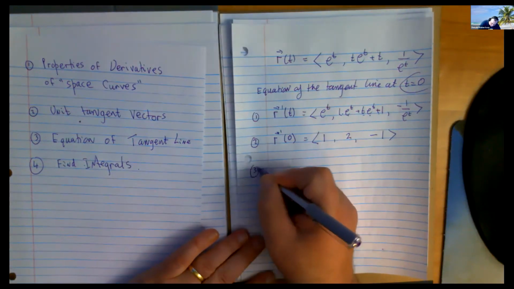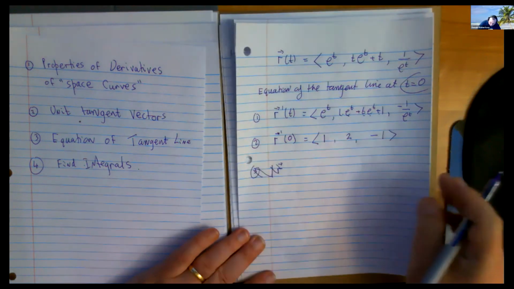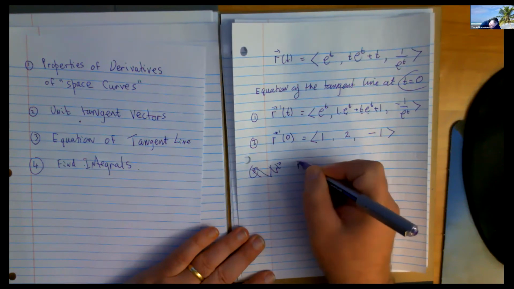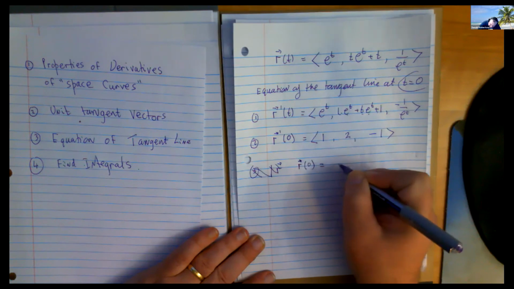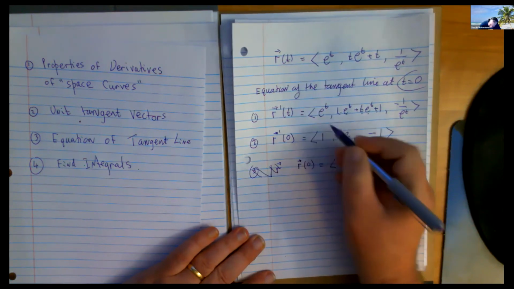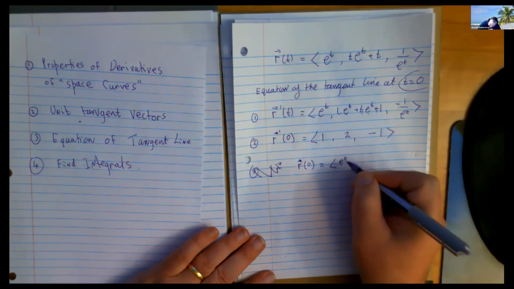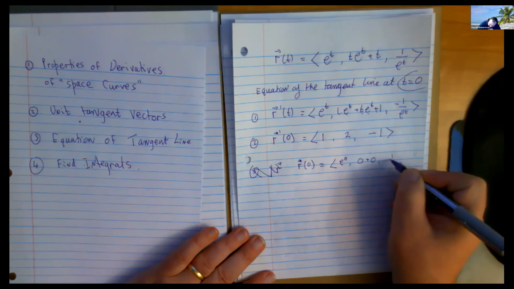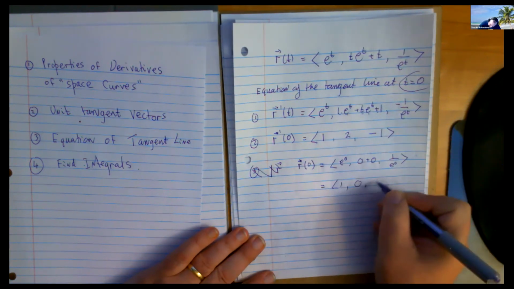Find the magnitude of this vector. And no, we don't. I almost forgot what we were doing here. We then find its position. So what's that going to be? Its position is e to the 0, 0 plus 0, and 1/e to the 0. So its position is 1, 0, 1.